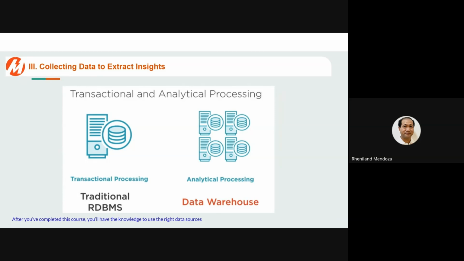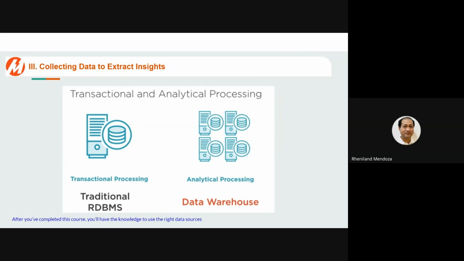So now that we've understood the requirements for transactional and analytical processing, let's consider the tools that we would use for this. Transactional processing is typically performed using our traditional relational RDBMS.